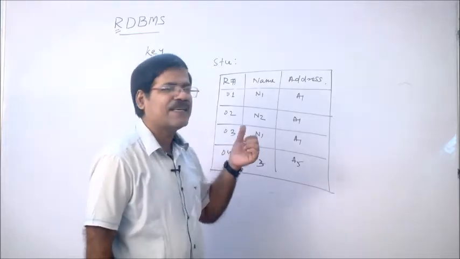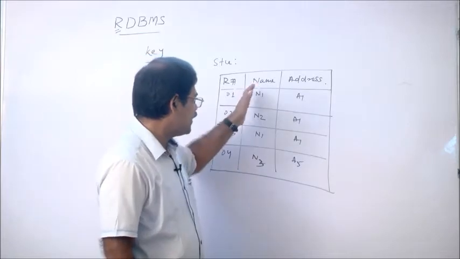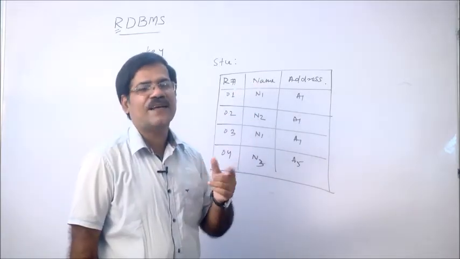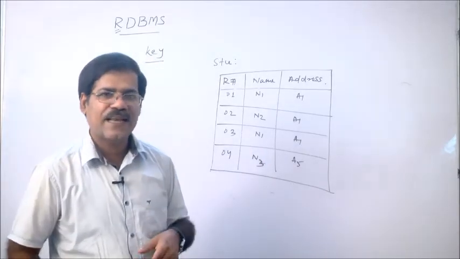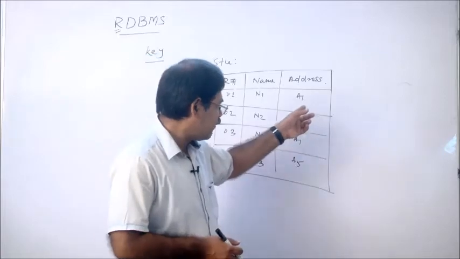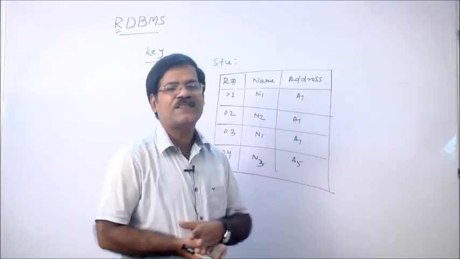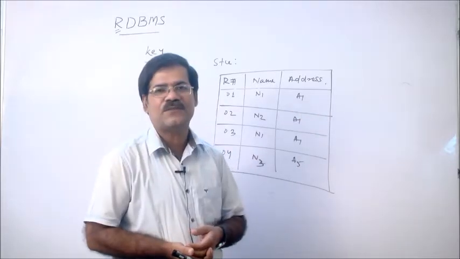Key means a single record we can fetch from the table. If you use name as a key field, not a single record will be fetched. Multiple records will be retrieved, because in a class more than one student may have the same name, and in a particular address multiple students may be present. So again a single record will not be fetched.